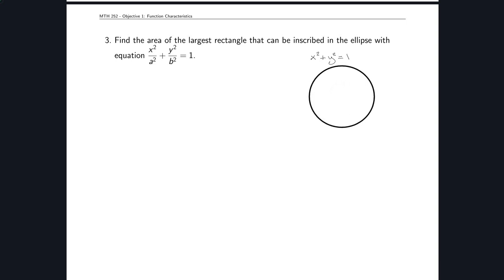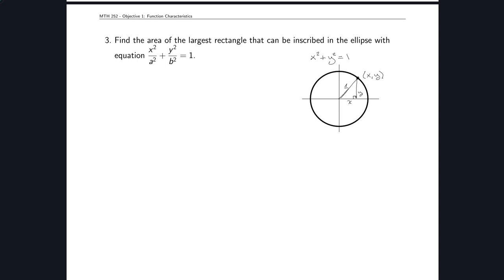So x squared plus y squared equals 1 is just our standard equation of a circle. So if this is the point x comma y, then the radius of this circle is 1. There's our x value, our y value. And so we can get our Pythagorean theorem here, x squared plus y squared equals 1.